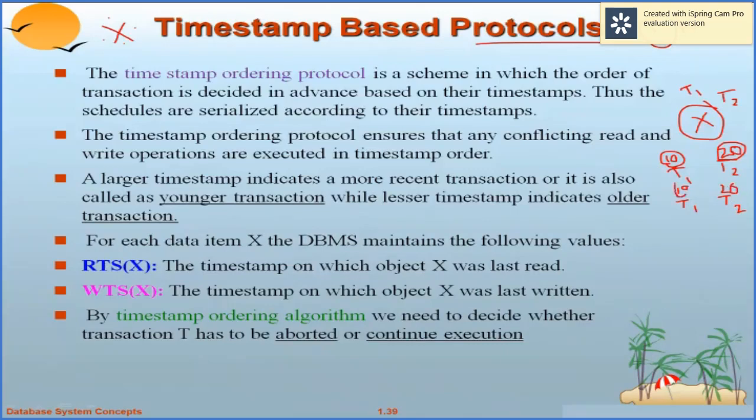The transaction which is holding the least value is said to be the older transaction, and the transaction which is holding the large value is said to be the younger transaction. First transaction T1 has approached the data element, followed by transaction T2. How did you find this? Based on the values that have been inserted for each transaction.